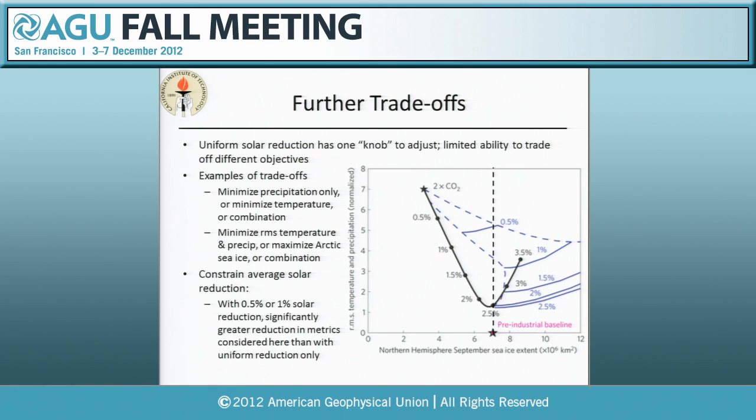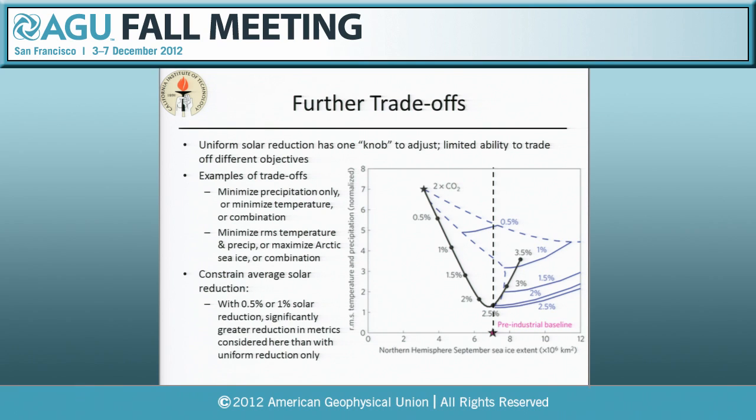And in particular, I wouldn't trust the quantitative results out of this, but at least the qualitative idea, and this again is consistent with things that Alan has done and things in Caldeira and Wood, saying that you can get a recovery in the Arctic sea ice with less of a solar reduction burden.